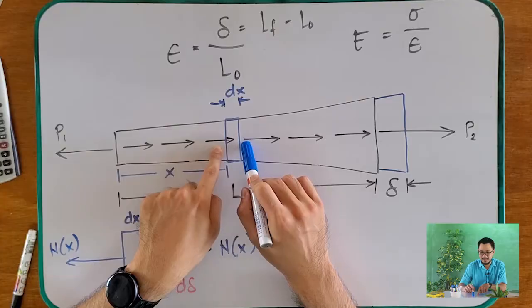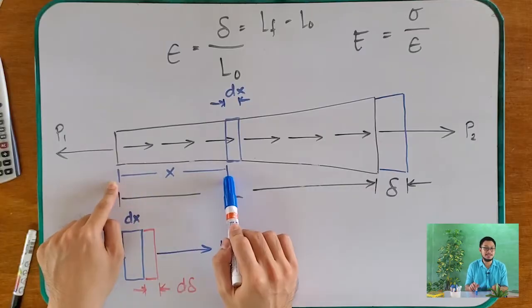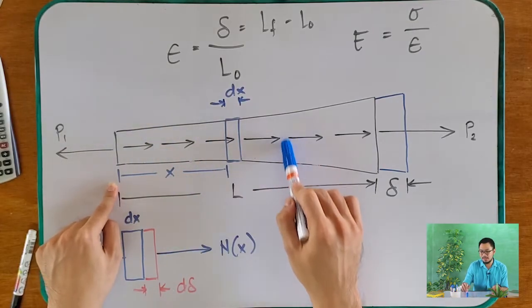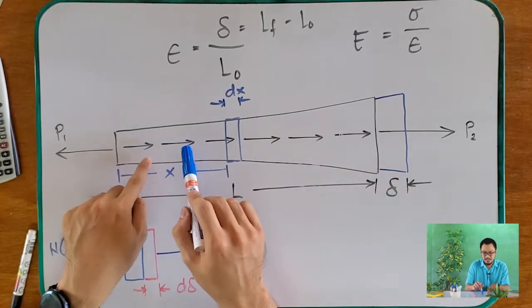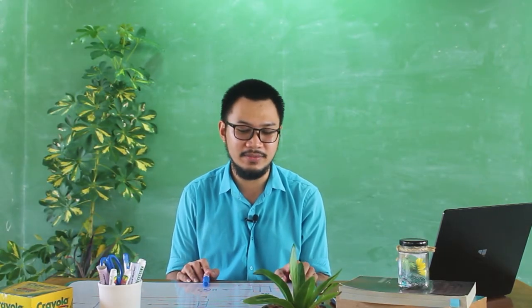Ganing ana man, because wa man ta kay baw kung unsa na siya nga load diri. And ang atong load mo depende siya sa location from a certain point. So lahi og load diri, lahi og load diri, lahi og load diri, og lahi og load diri, because we have this distributed load. Okay? So let's just call it n as a function of x.